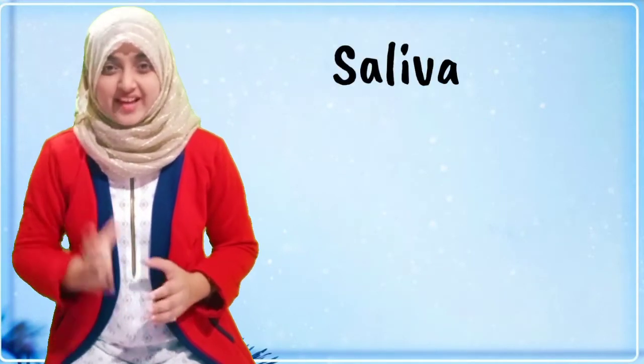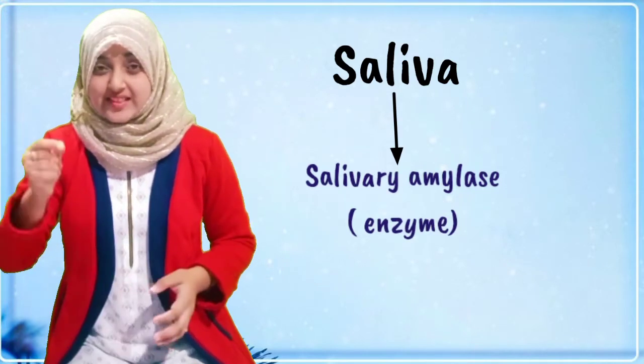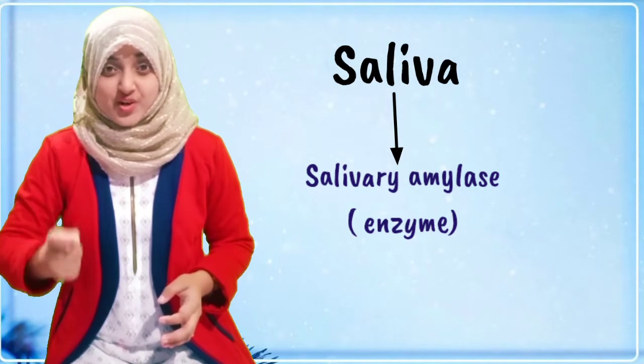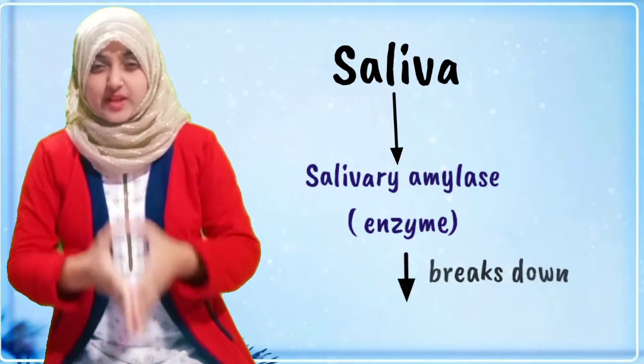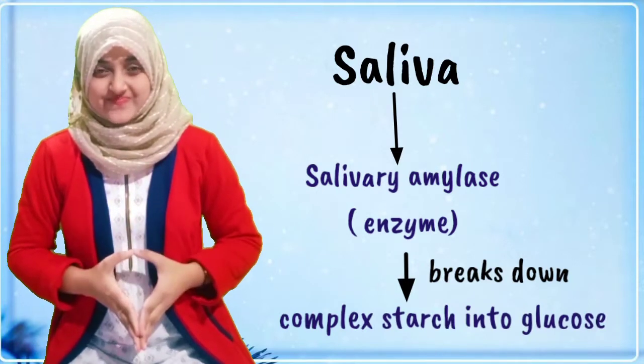One such enzyme present in the saliva is the salivary amylase, which begins its work of digesting right in the mouth by breaking down the complex starch into simple glucose.